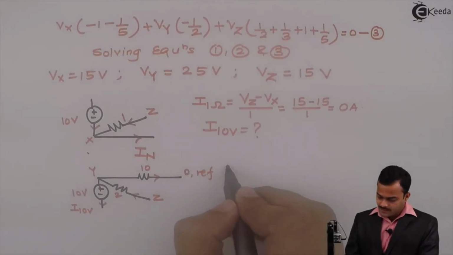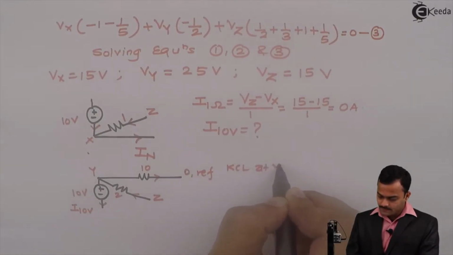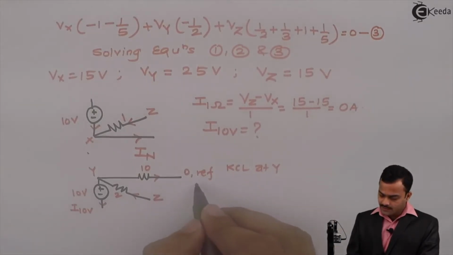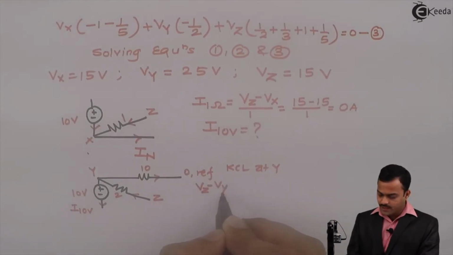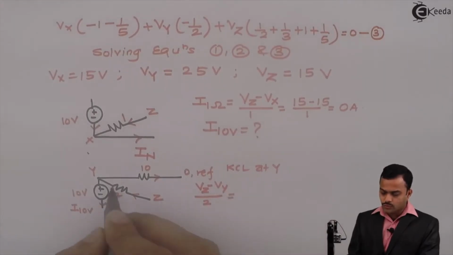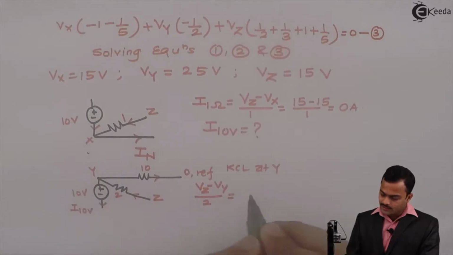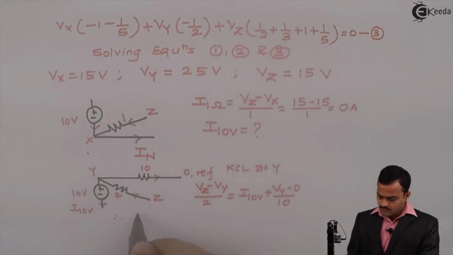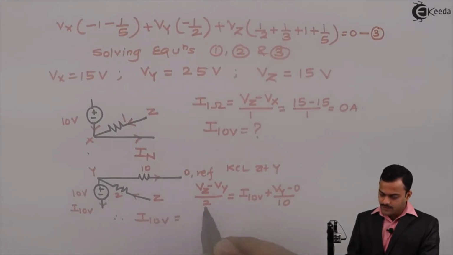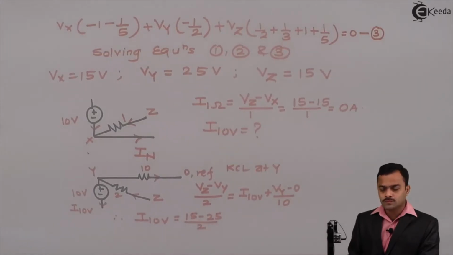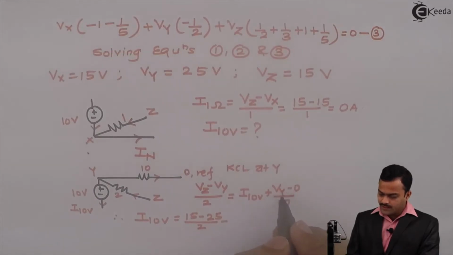So if I apply KCL at Y, what will I get? One incoming current, that is Vz minus Vy divided by 2, equals 2 outgoing currents. Out of that, one current I will denote like this, I 10 volt, and another current is Vy minus 0 divided by 10. So current flowing through the 10 volt battery will be Vz minus Vy divided by 2 minus Vy upon 10.